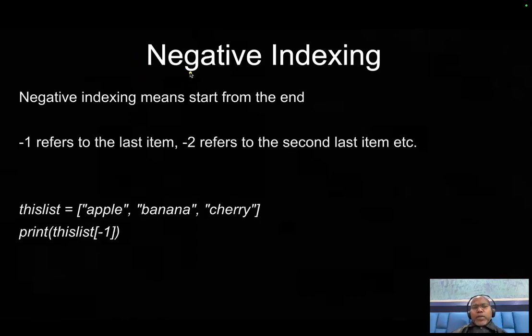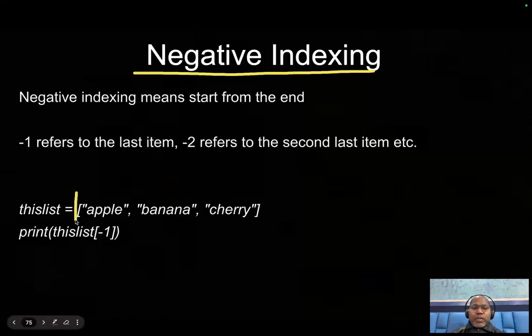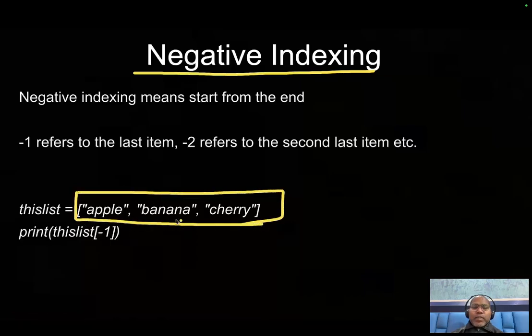This is a very unique concept in the Python language, negative indexing. Many other programming languages like Java do not allow negative indexing, but Python allows it. What do you mean by that? Let us say this is your list, and this list has these elements.